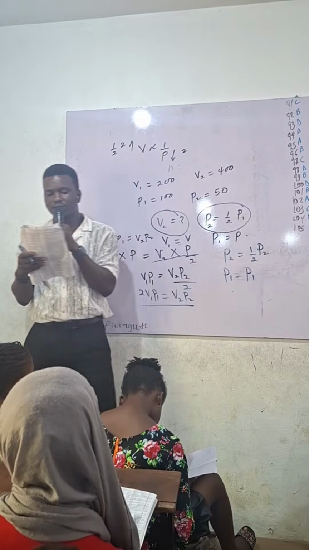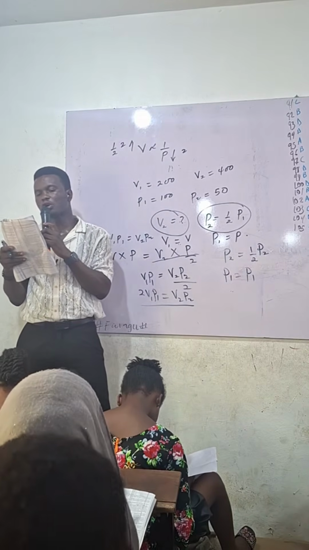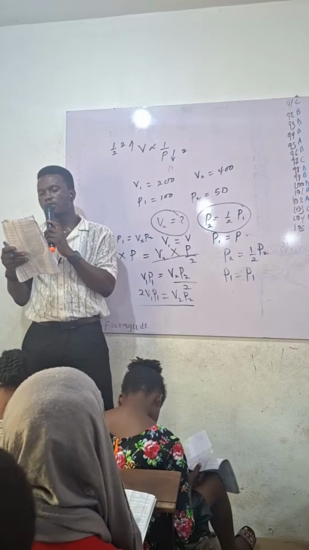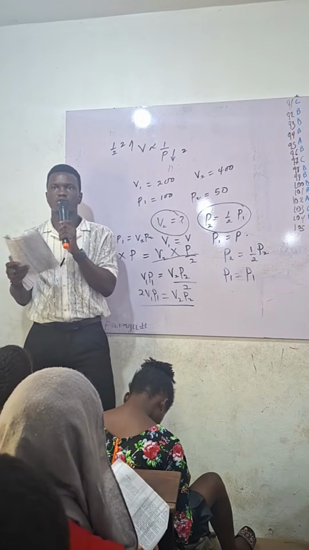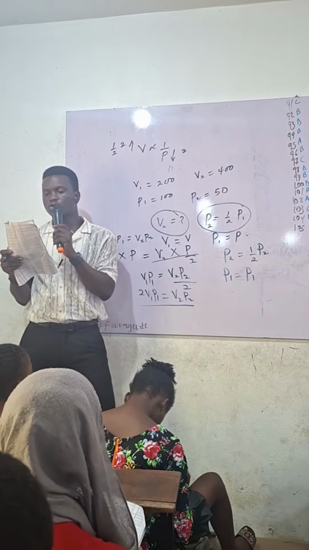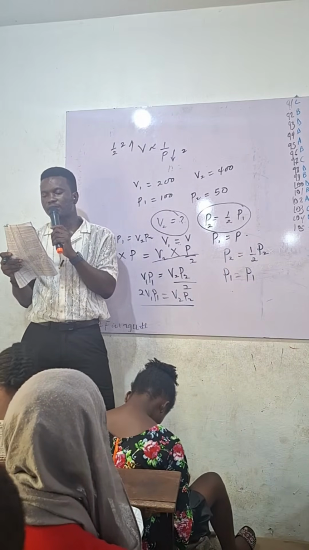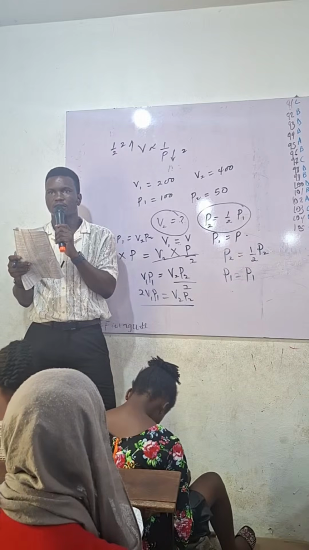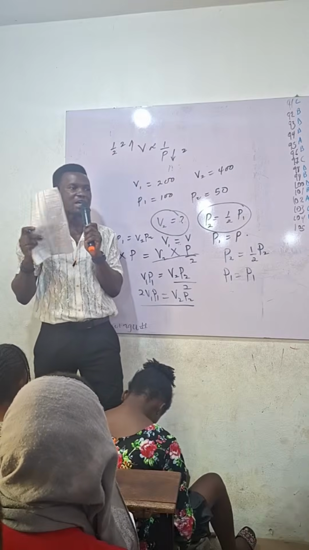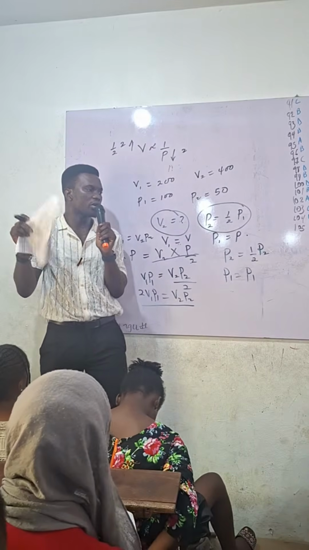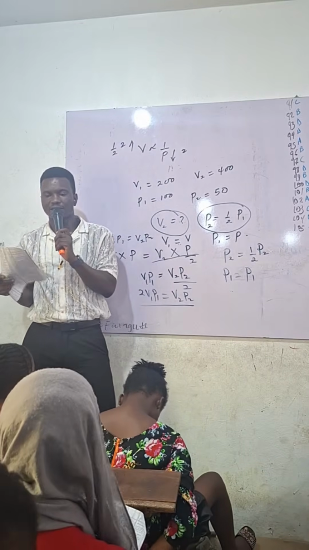If you look at why you should not pick D, D looks like V2 over 2. When it's together, they put it in brackets. So the best option to pick there is option A. Do you get that?